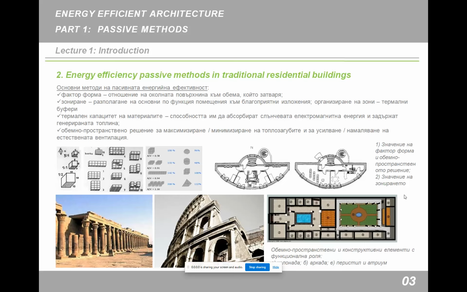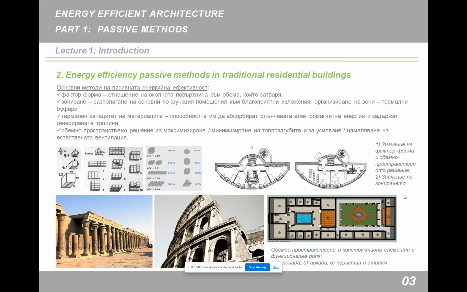Zoning, which means placing the rooms for the basic functions and additional rooms according to better orientation, and also forming zones that serve as thermal buffers.